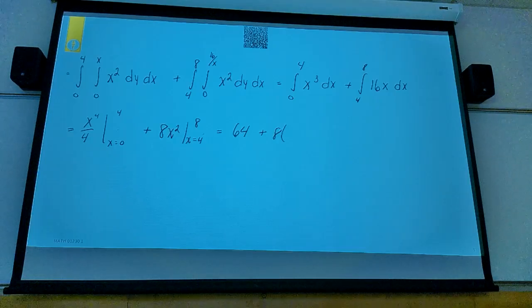What is 8 squared? 64. 4 squared? 16. 64 minus 16. Forty-eight. 48. 8 times 48. What's 8 times 50? What is it?